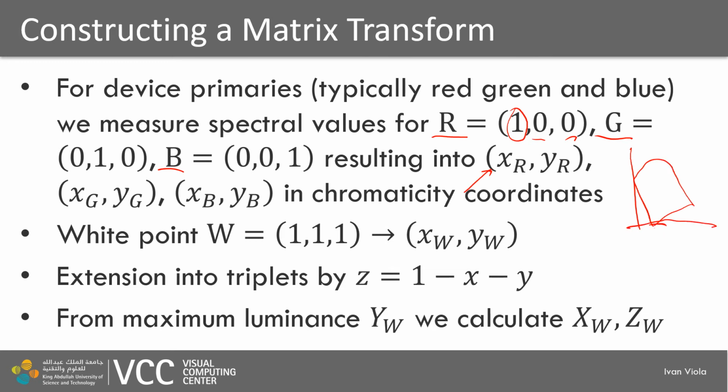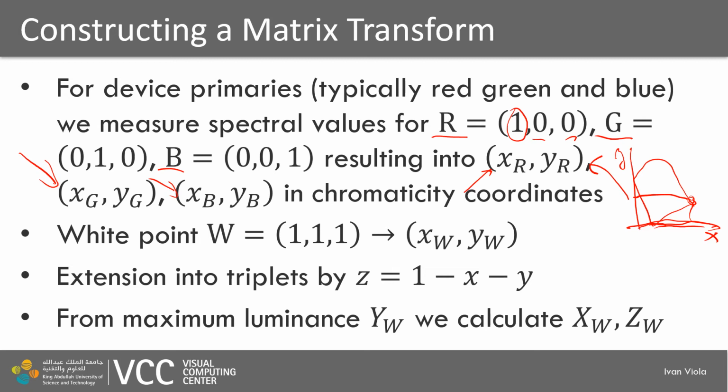We will find the coordinates for x and y, which are then stored here as a two-dimensional vector. The same we will do for the G of our device, and also for the B of our device, and we will store their chromaticity coordinates.